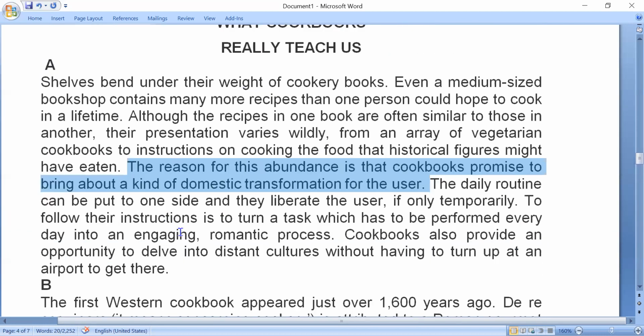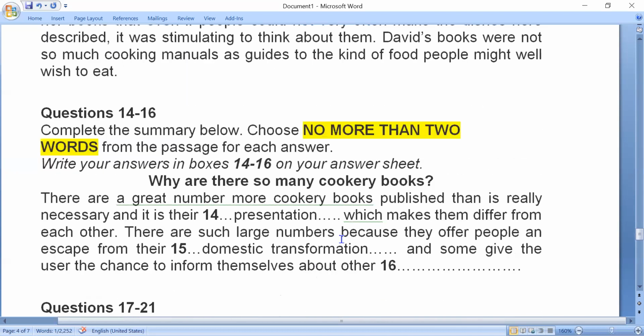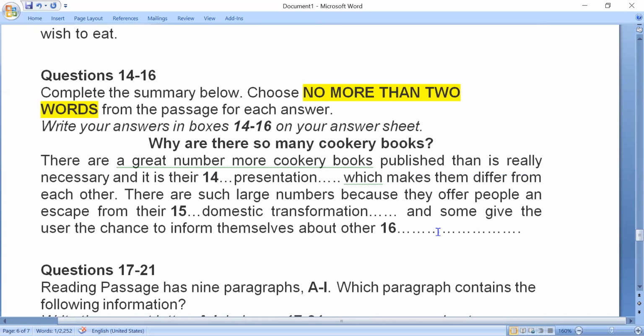I think the answer would be cultures. The daily routine can be put to one side, they liberate the user temporarily. I think cultures will be the answer. Other cultures. Look at the answer now.